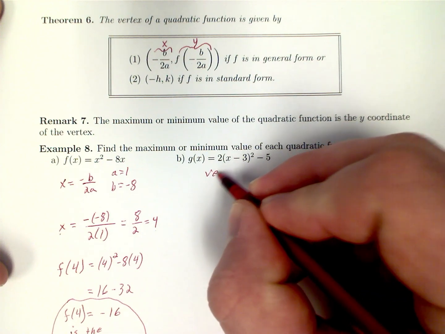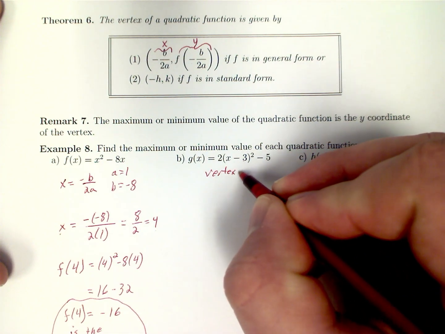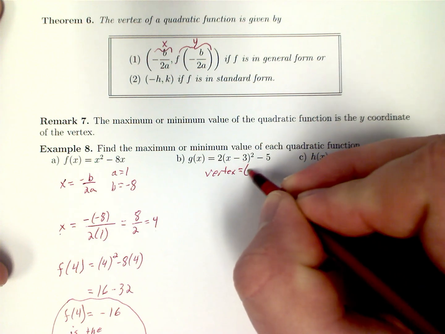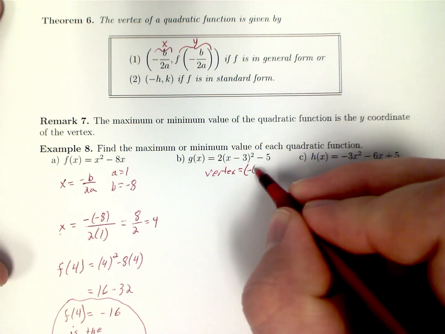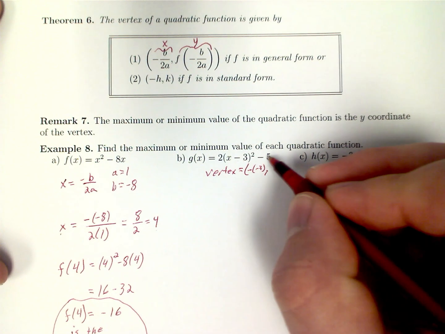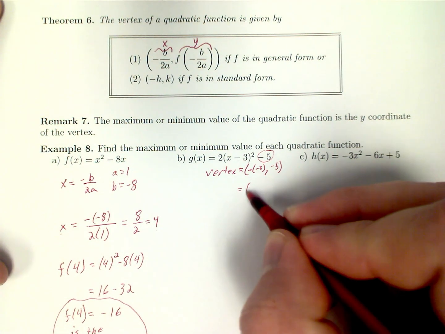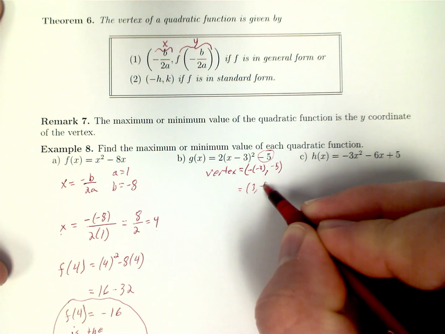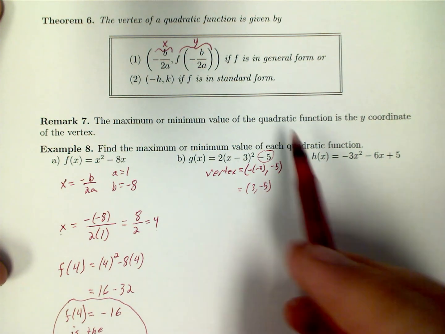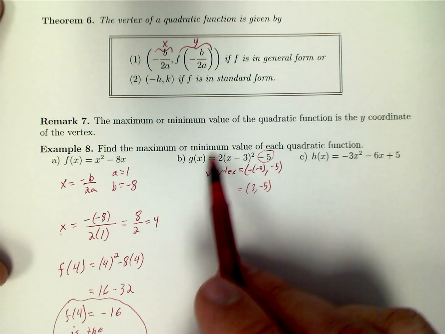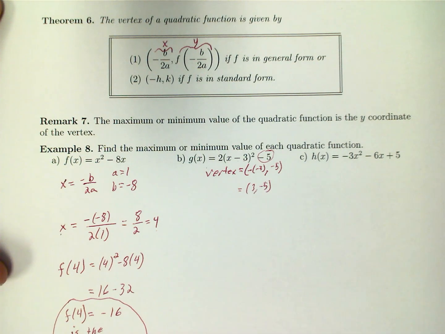The vertex is given by the negative of whatever this is. So negative of negative 3, comma, negative 5. So we have a vertex at 3, negative 5. When it's in standard form, it's really easy to get out the vertex.